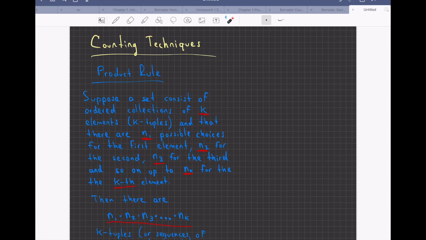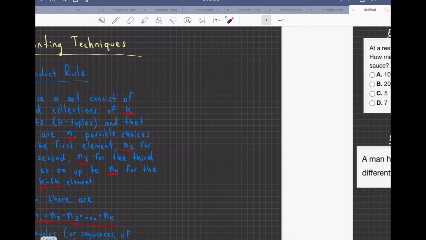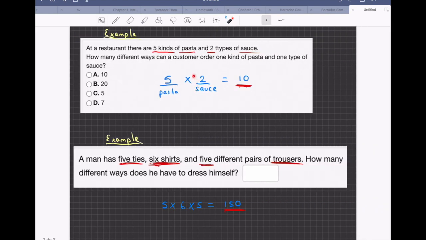If you think that for your answer you are forming sequences, maybe, because we have other techniques, but maybe you will have to use this technique, the product rule, multiplication, because here we have sequences of pasta and sauce, and here we have sequences of ties, shirts, and trousers.